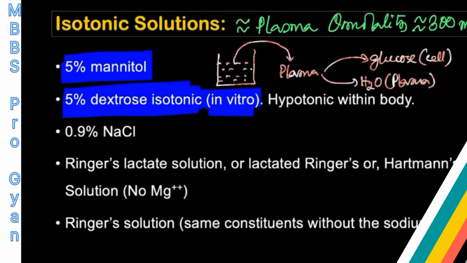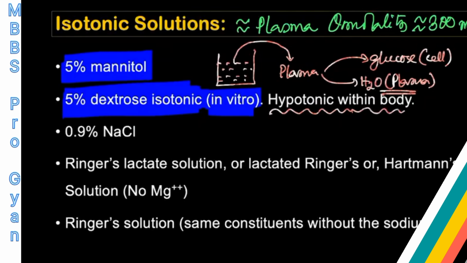plasma. Getting my point? So whenever you are given dextrose solution, the glucose will be taken out by the cells and only free water will remain in the plasma. That means now this 5% dextrose solution is converted into only water, that is nothing but hypotonic.